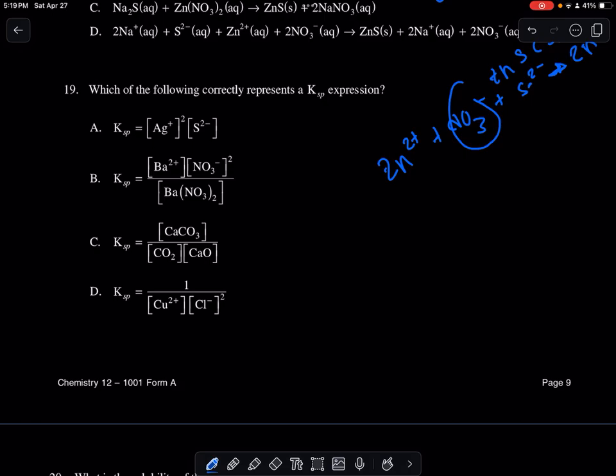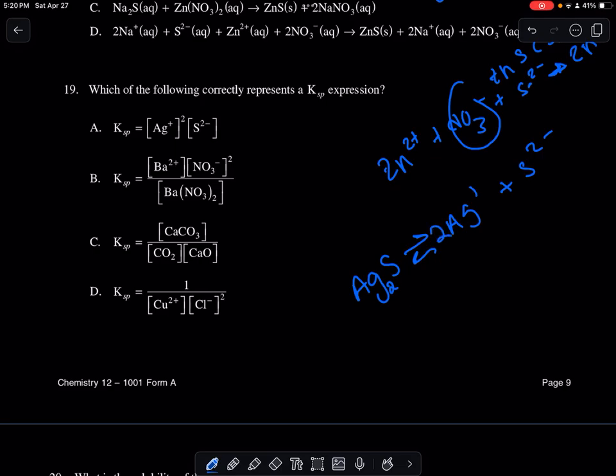Which of the following correctly represents a KSP expression? So a KSP expression is one where we have the correct dissociation equation. So let's start with the first one. AgS to Ag2 plus S2 minus. And so silver is 1 plus, so actually I should fix that. Ag2S, silver sulfide.